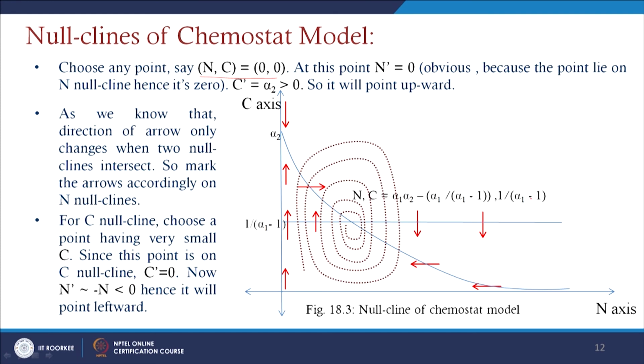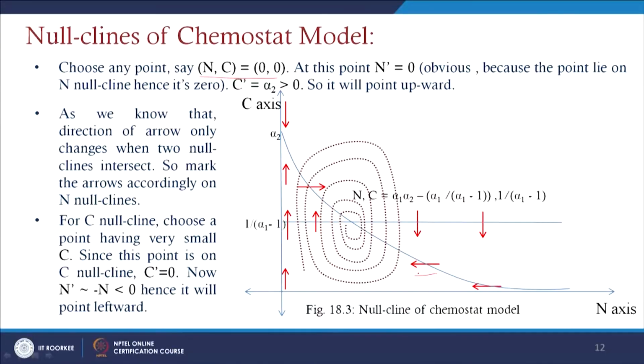These are the steady state points. And whenever we go for the c null line function, choose a point having very small c, then we find that c dash equals 0 and n dash will approach minus n here, which is less than 0, hence it will point leftwards.